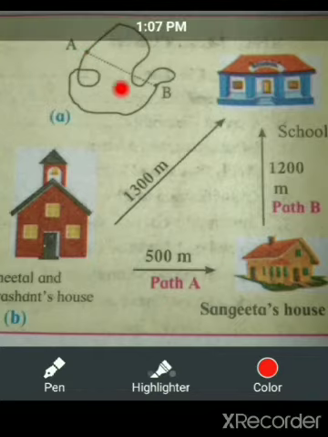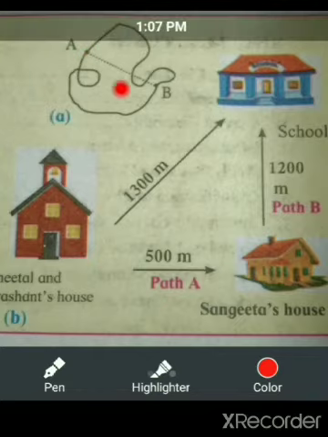Distance is the length of the actual path traveled by an object in motion while going from one point to another.